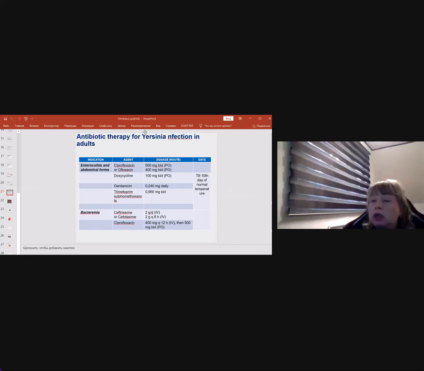Doctors, we know that the patients with yersiniosis may have dysbiosis, and you know that the reason of this dysbiosis may be Yersinia species and long-term antibiotic treatment. For example, the patient's temperature stayed high during 10 days. We use antibiotics 10 days plus 10 days after normalization of his temperature, somebody 20 days.